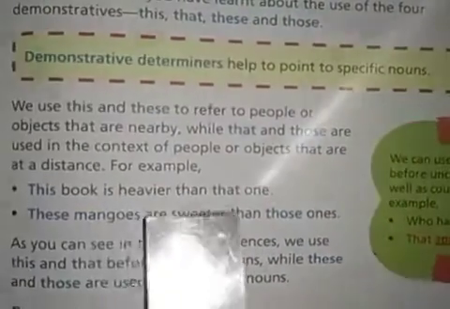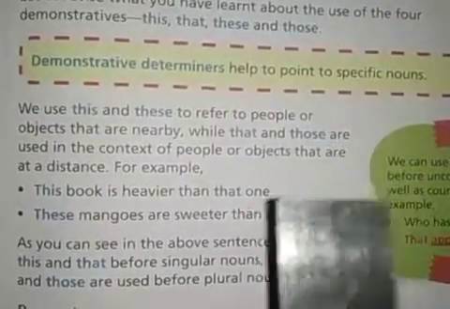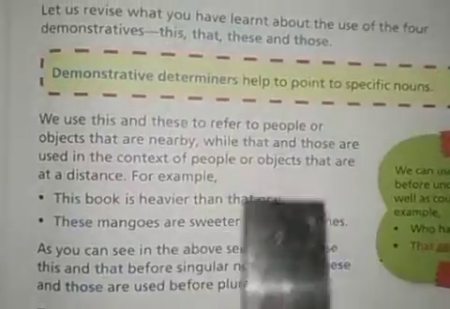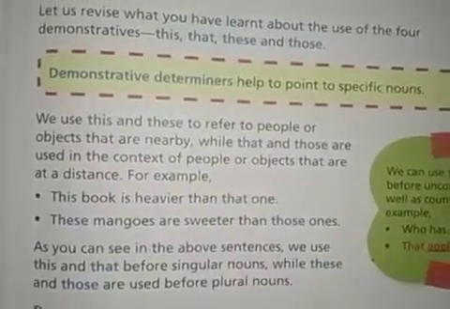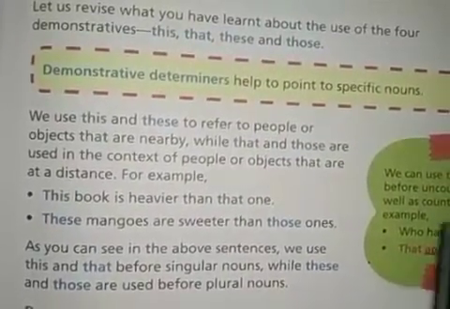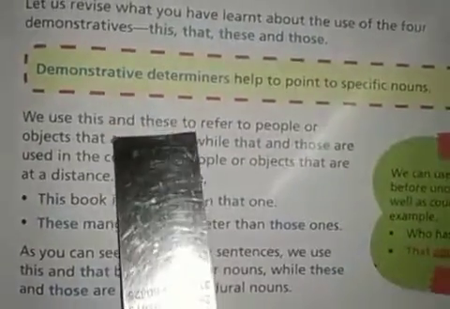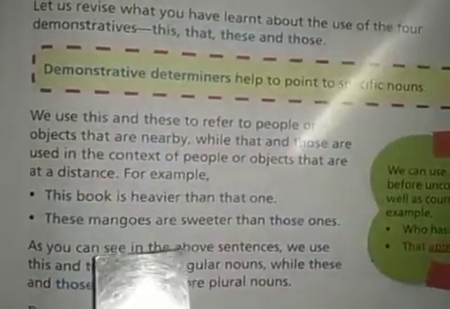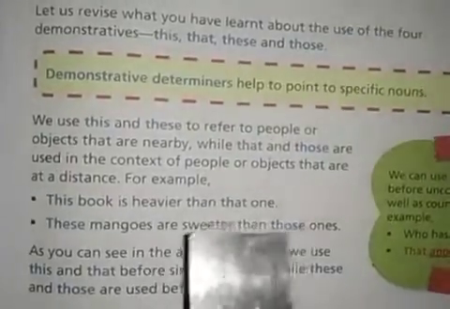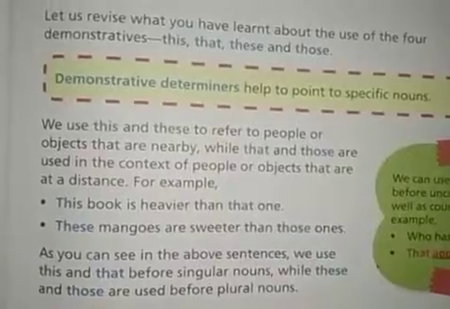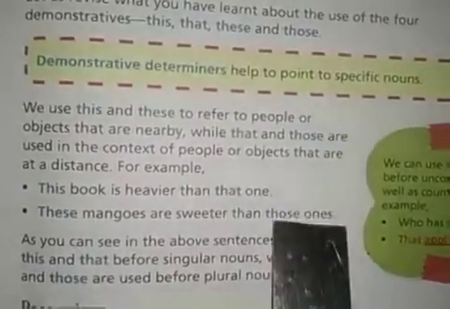Okay, and when you are talking about an object which is at a distance and singular, then you can use that. Okay, when you are talking about an object which is nearby but plural, more things are there, then these will be used. And when you are talking about more than one thing which is at a distance, then those will be used.